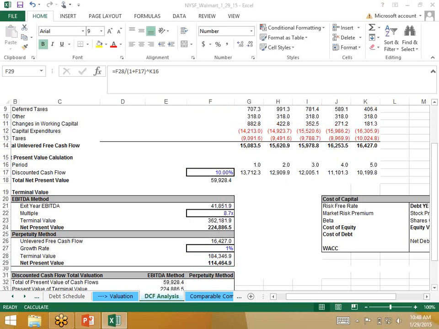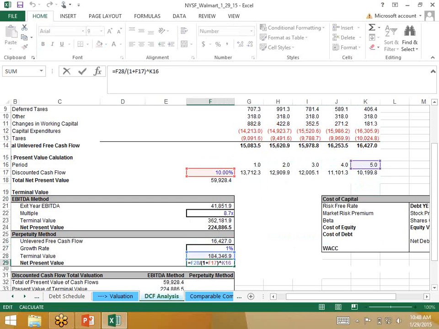One thing to mention, going back to the mid-year, end-year convention, is if we were to use the mid-year convention, so this is 0.5, 1.5, 2.5, 3.5, 4.5, the terminal value, the perpetuity method, that value we would discount back using the mid-year convention, 4.5 years, right?